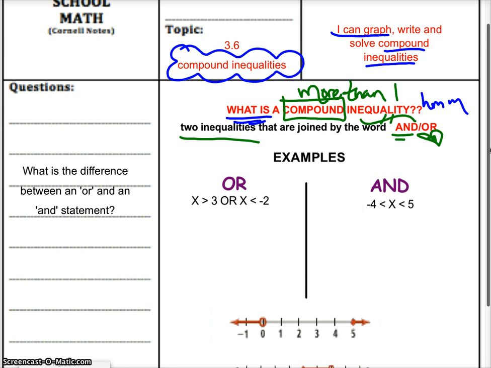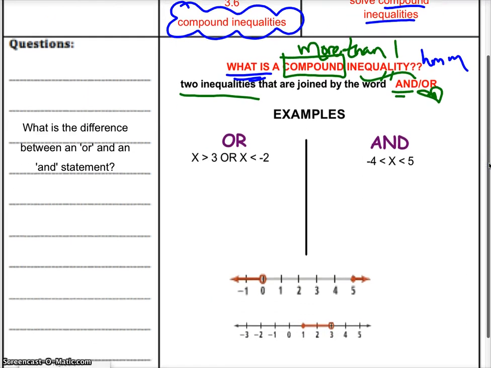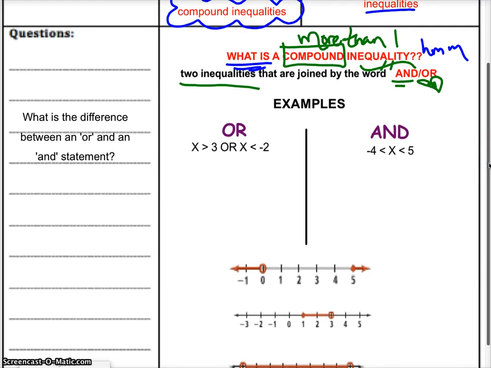Here are some examples. Ors have two separates. So ors are separated. Two separate inequalities. You have x is bigger than 3 or x is less than 2. And is connected or smushed in between. So I'm going to say stuck in middle.